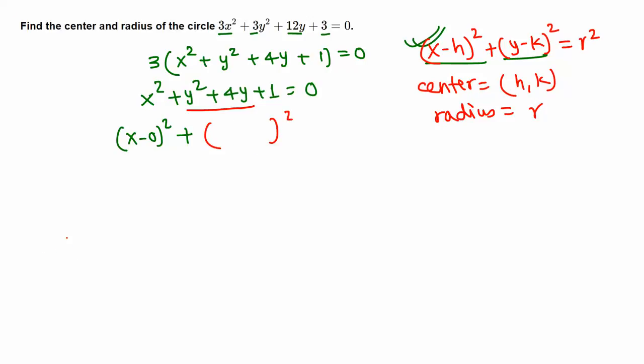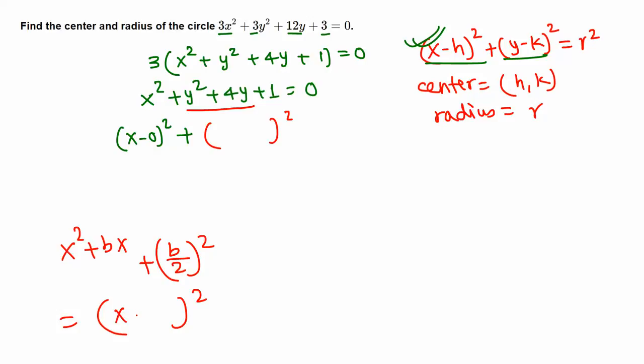Recall, whenever we have, let's say, y squared plus some number y, or x squared plus bx, you might have done with x, same thing, x squared plus bx, then we need to add half of b, squared, and that makes this thing a quantity squared. This is called completing the square. So we do the same thing here for y.